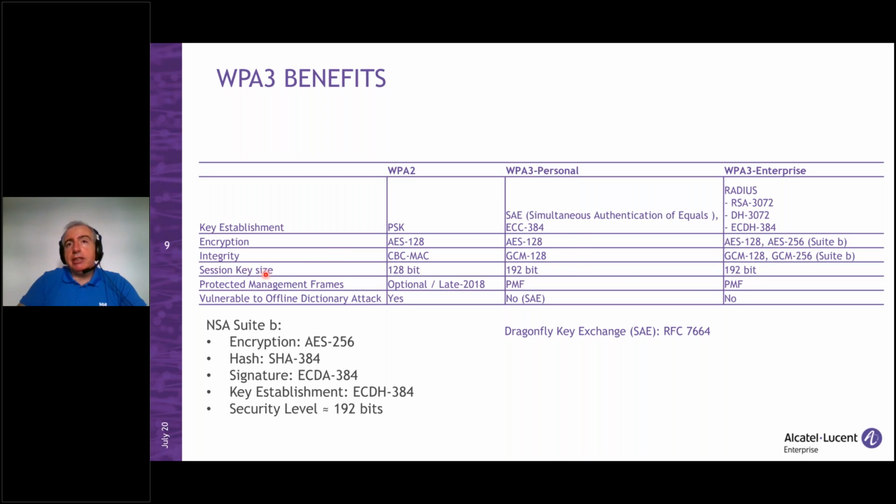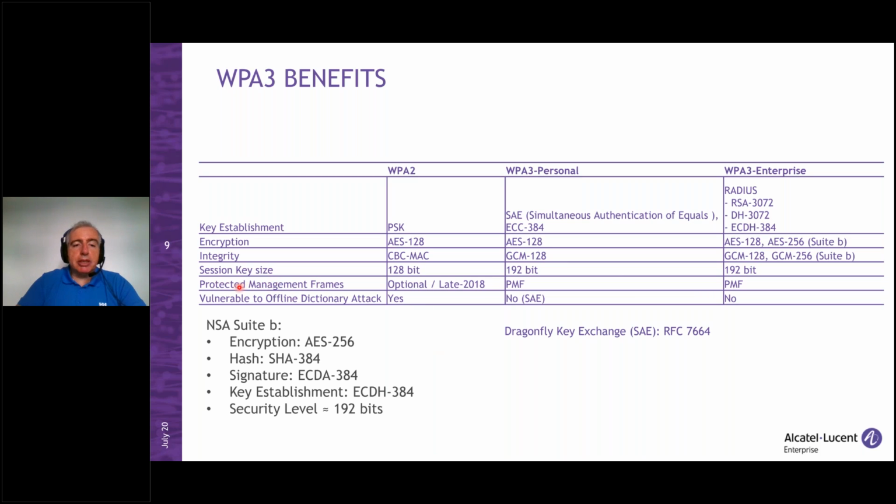Then the session key size. The session key is the key that we are finally going to use. Session key is a symmetric key, remember, so it's not a public key. We use public key to generate this session key, but this session key is symmetric key encryption, and you can see an increment in the number of bits, a little bit safer.